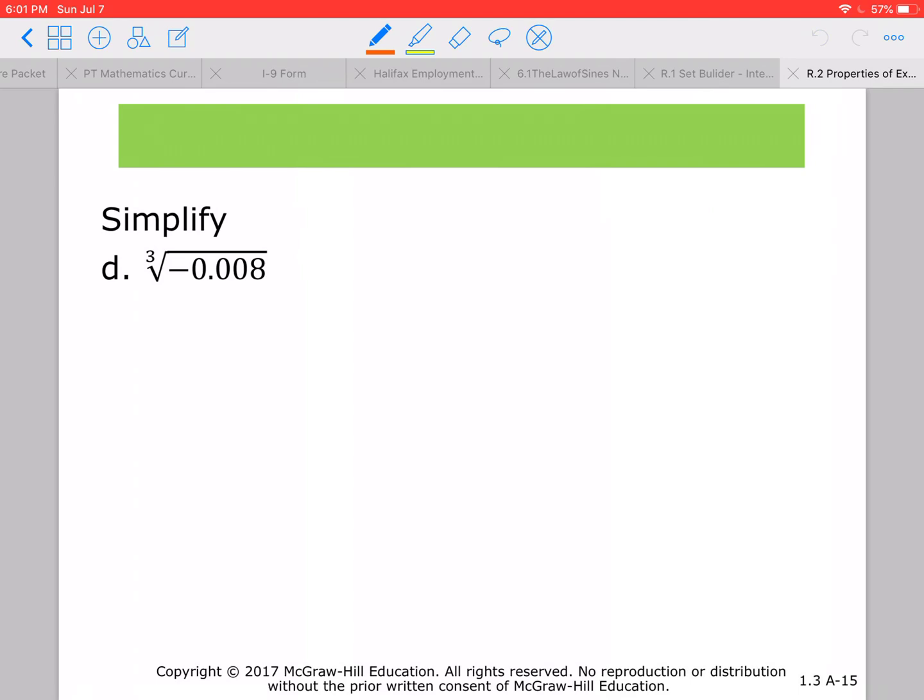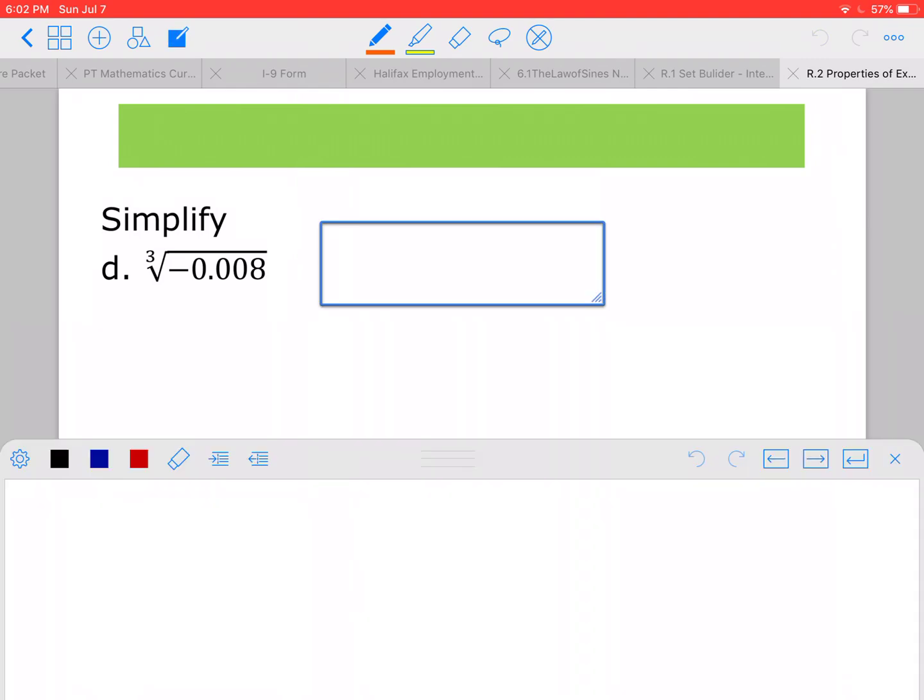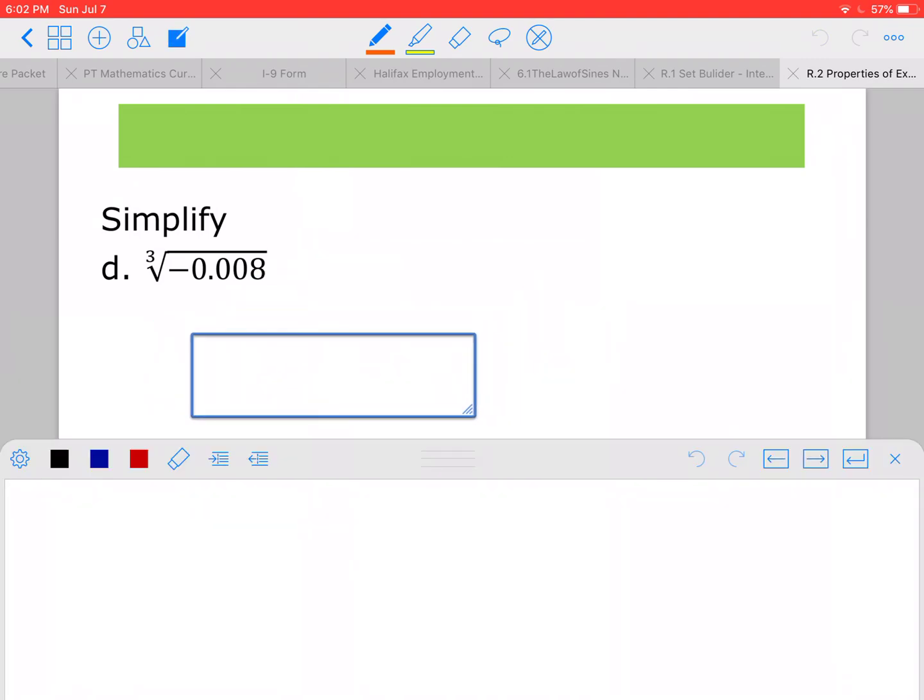Okay, now we can have a negative if it's a cubed root. So, in this case, let's see, 0.008.